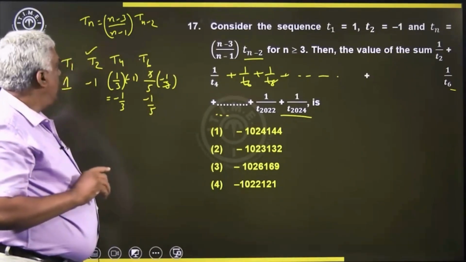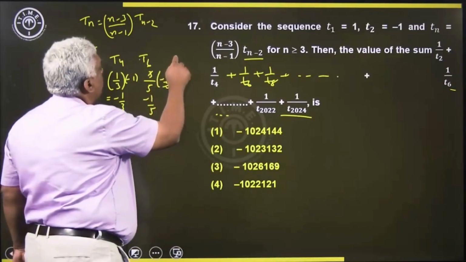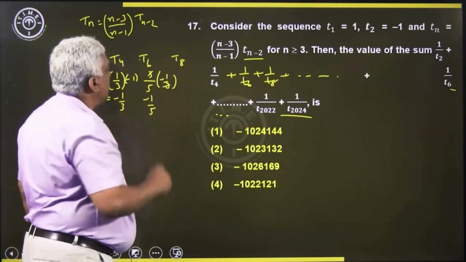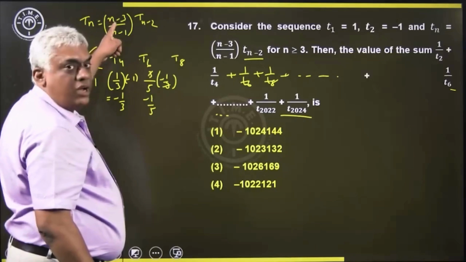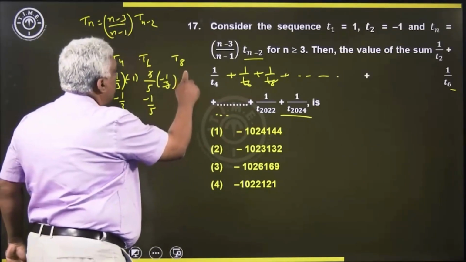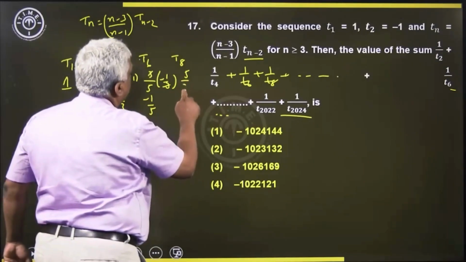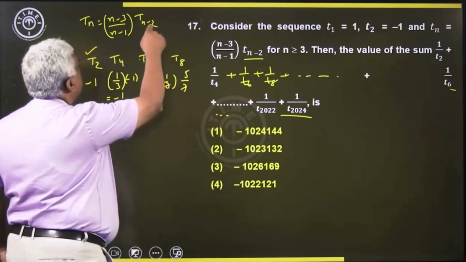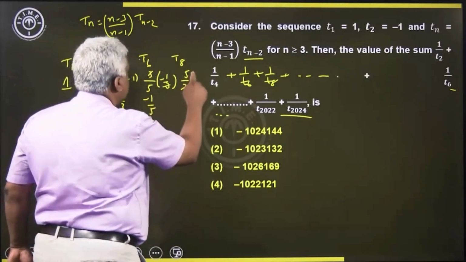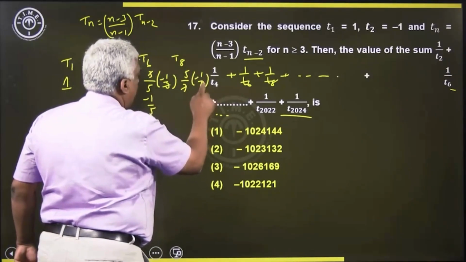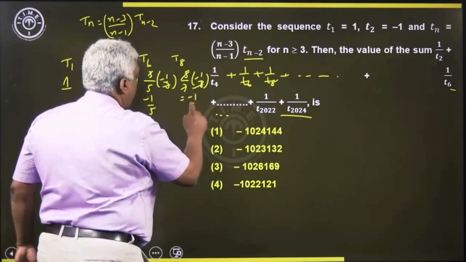Let us find T8. Put 8 here. So, 8 minus 3 is 5, by 8 minus 1 is 7, into T6. T6 is minus 1 by 5, the 5s get cancelled. So, minus 1 by 7.